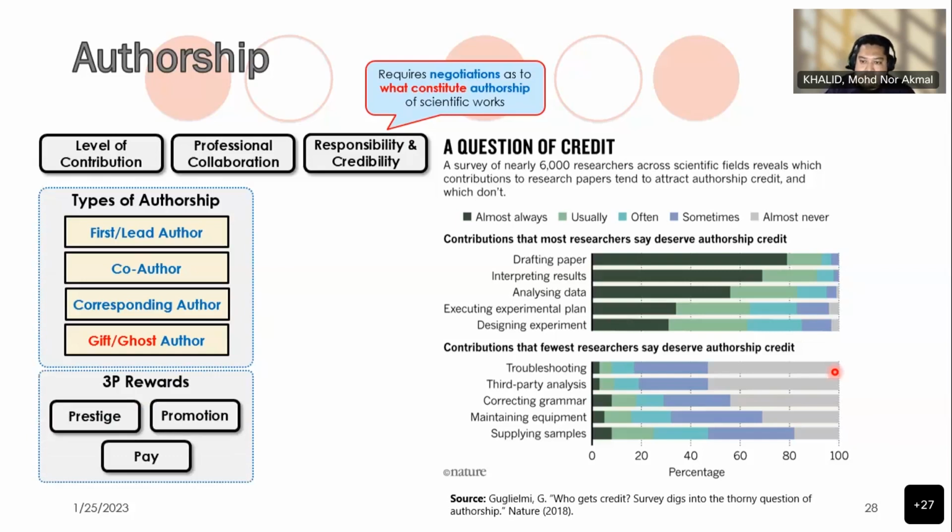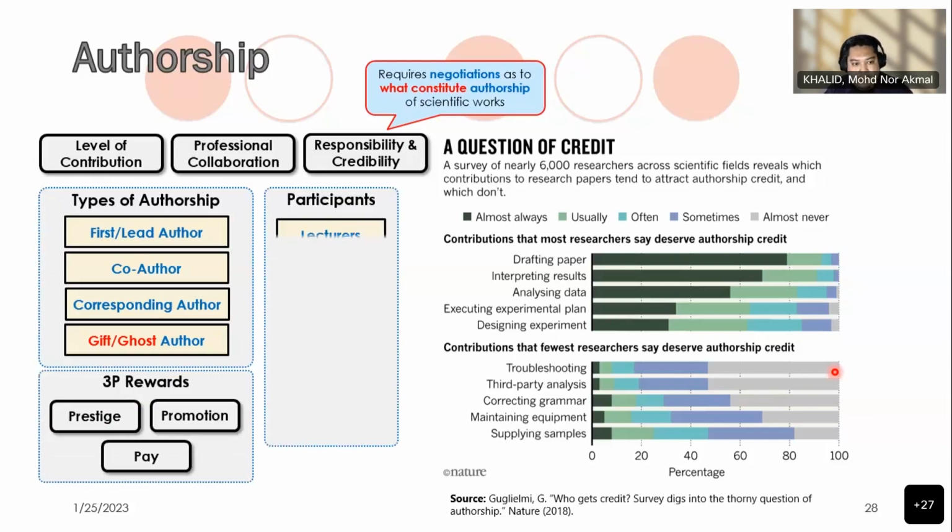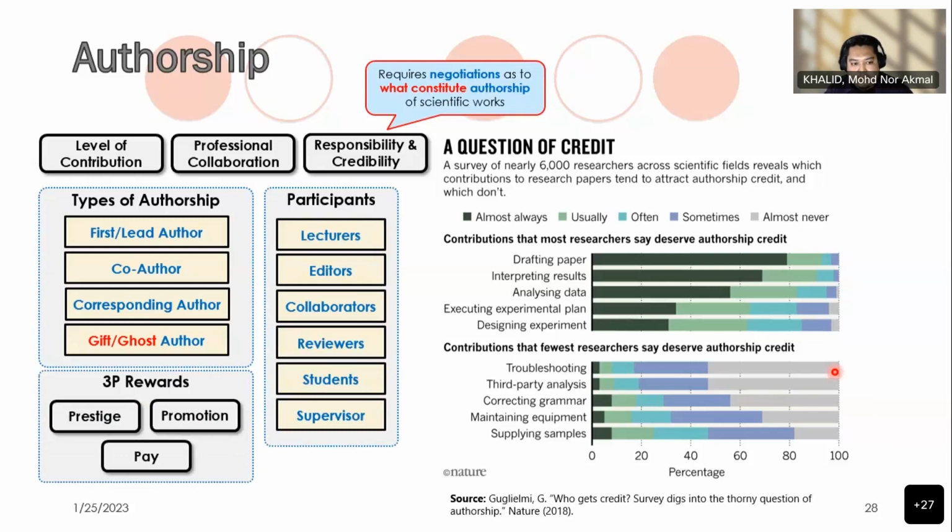Then, of course, you do this because of the reward, and the people that become the authors can sometimes be the lecturer, the editor itself, collaborators, and so on. But of course, some might cause a conflict of interest, like editors. You cannot become a participant of the paper unless you are the guest editor of a special issue journal. Then you can be the author of the paper as well.